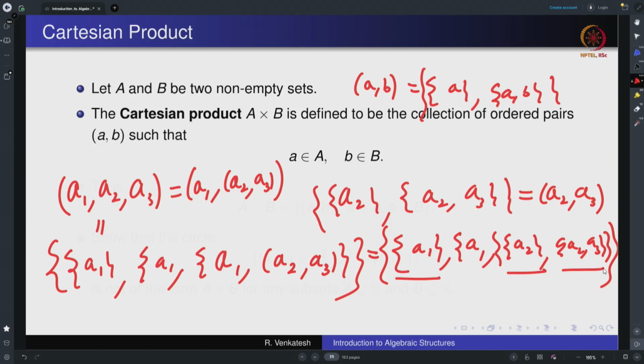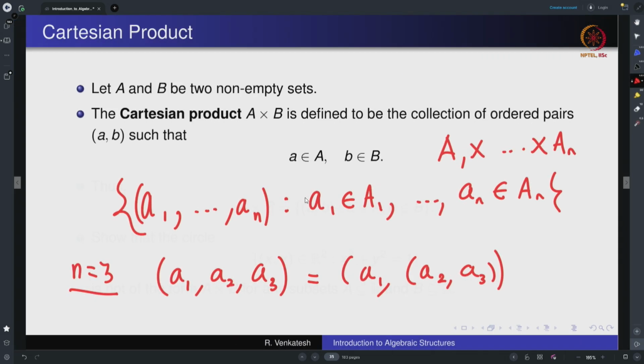But of course, in practice we do not want to write it like this, that will actually waste lots of space. So, it is common practice in mathematics that we use shorthand notations, and this is the shorthand notation to denote these sets or the tuples that are defined recursively. Now, you can think about how complicated it will be to write this n-tuple as a set, but it is understood.